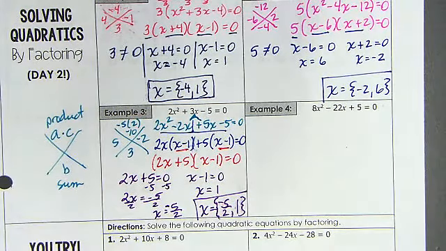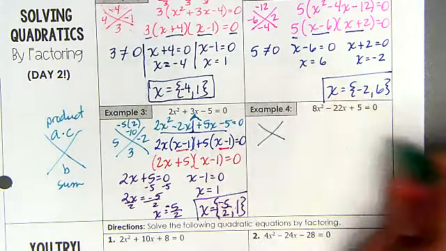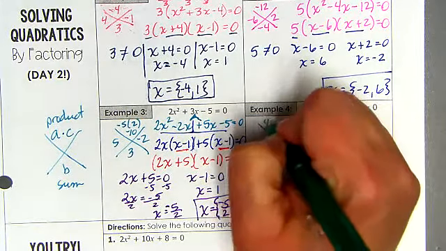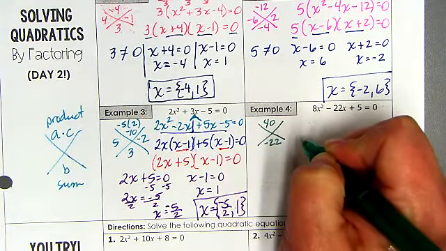Okay, example 4. First thing I'm looking for, no GCFs. So we have product sums, so that's going to give me 40 and 22.